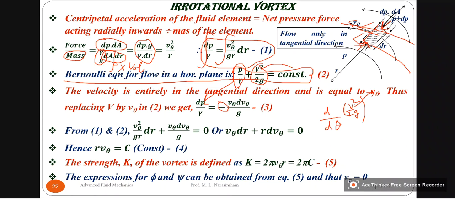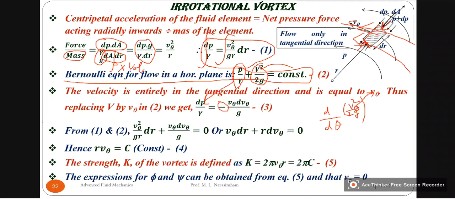So instead of v square, I have to write v theta square. That is why we differentiate this with respect to theta.